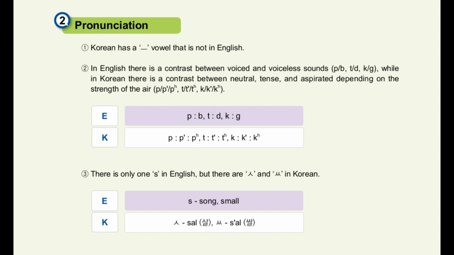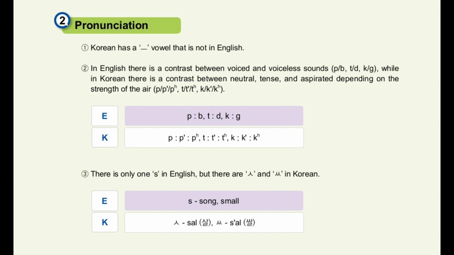The same is true for the sounds T and D, and K and G in English. However, in Korean, the same letter is used to represent the P and B sounds, and for the T and D sounds, and the K and G sounds, one letter for each sound pair.